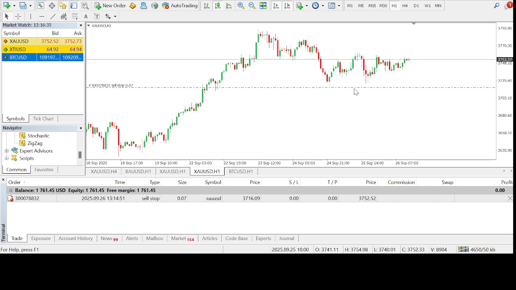Something else I need to mention is that you need to modify your order. You just need to hover on the sell stop order that you have placed, right click and click modify. That's where you place your price. If you're using MT5, that's where you place your stop loss, either based on price or on points or pips.